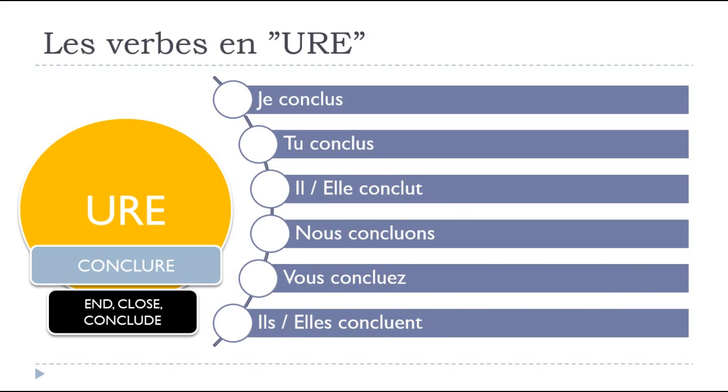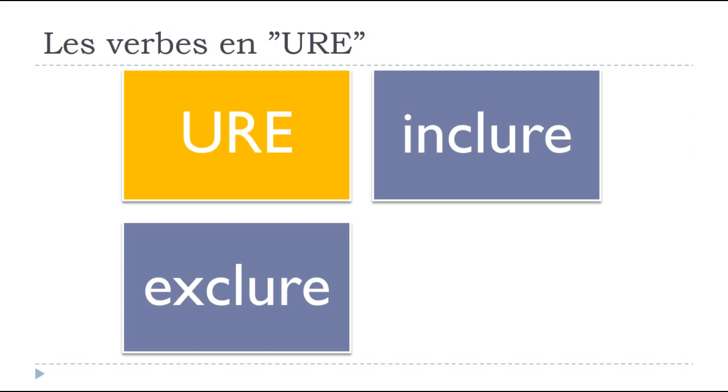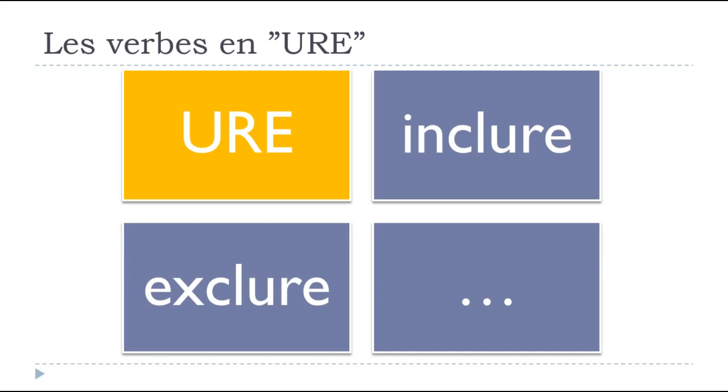When I say it's a micro group, it's because we've got actually two verbs that will be conjugated like conclure. Honestly, it's quite important to introduce them anyway because they are not that tricky to conjugate. It's inclure and exclure.